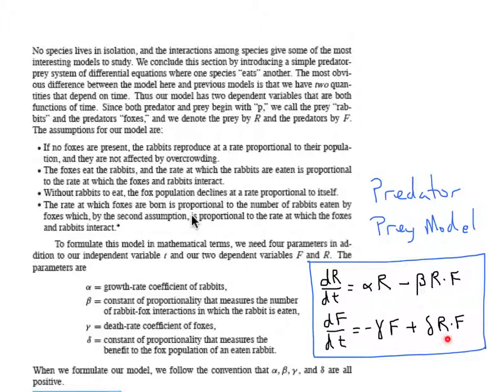If R were to be 0, then this term says that our fox population decreases exponentially if there's no food to eat. But in the presence of rabbits, our fox population grows. This plus sign means that our population is growing at a rate proportional to the number of interactions between the rabbits and the foxes. That's it.